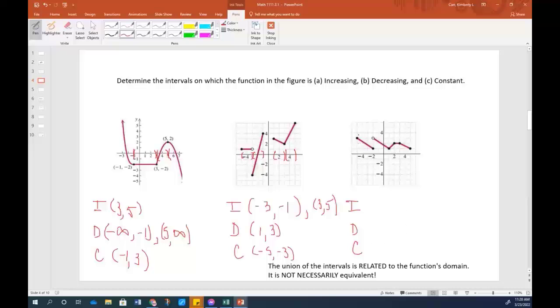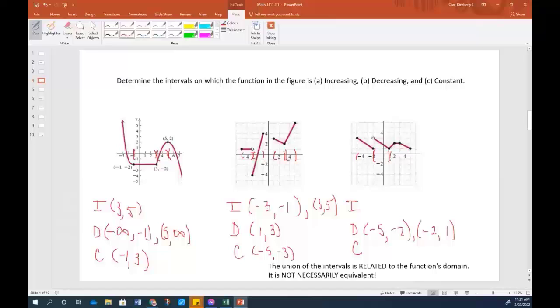Okay, our last one, from -5 to -2, we are decreasing. And then on the next little line segment, we have from -2 to 1, we are still decreasing, but that is a separate interval. Just like it's a separate little line segment.